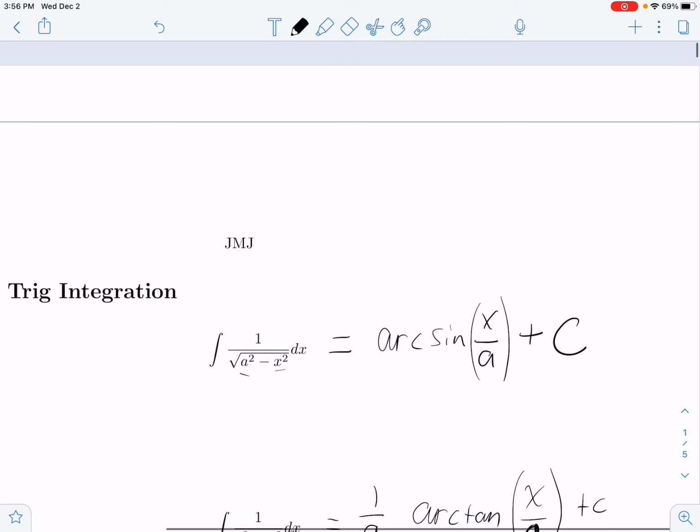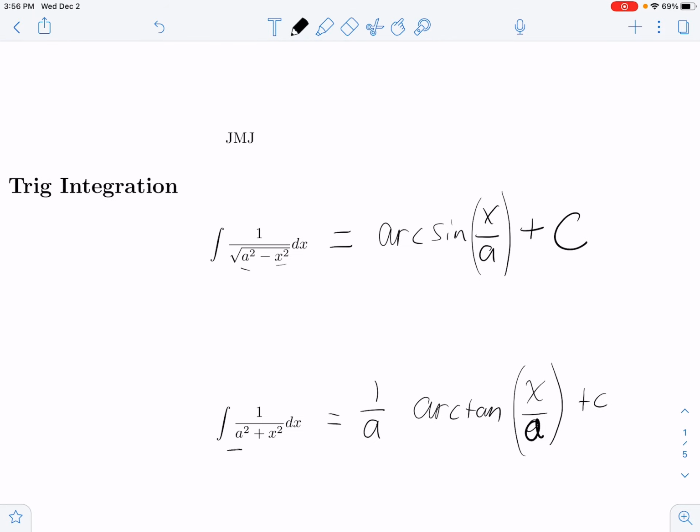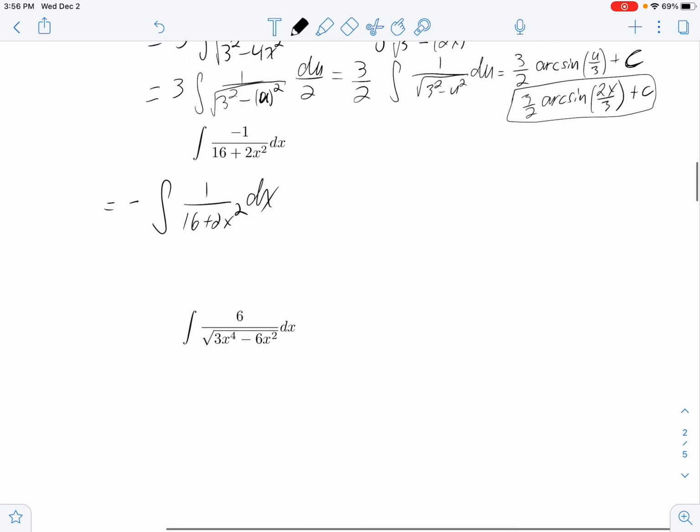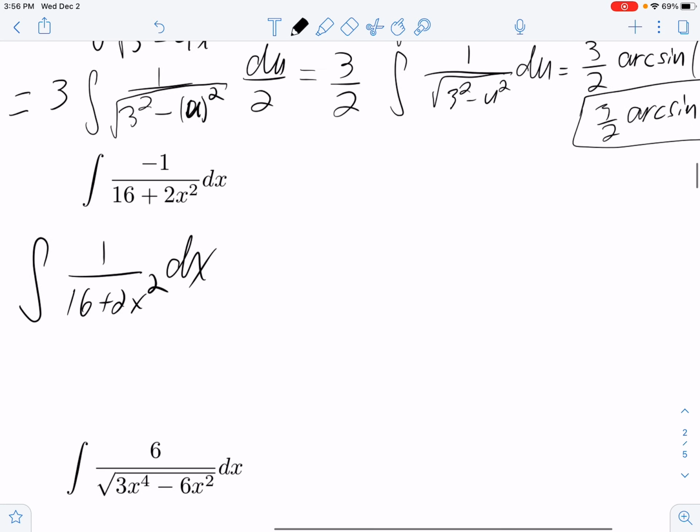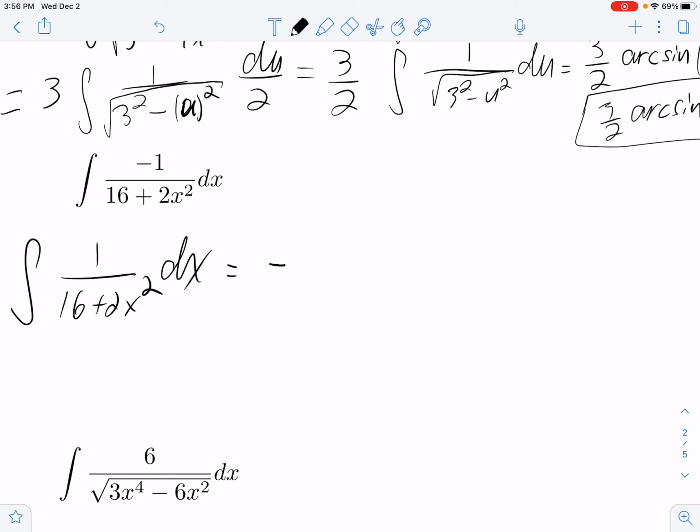And we look back up here. For arctan, we need something squared plus something squared. So this is going to be equal to the integral of 1 over 4 squared plus, now this is where it gets a little weird, the square root of 2 times x, squared.